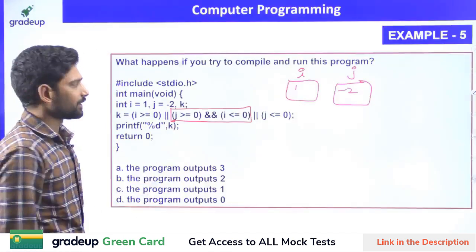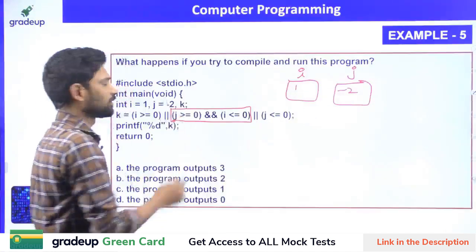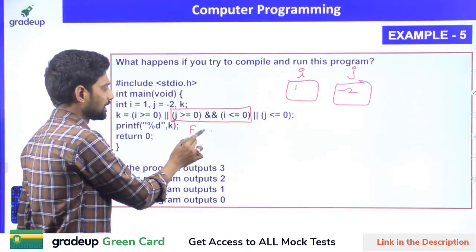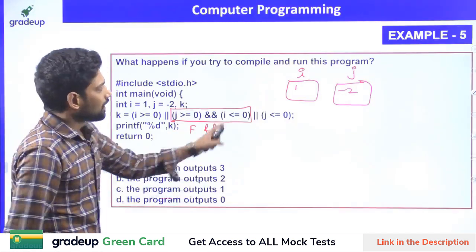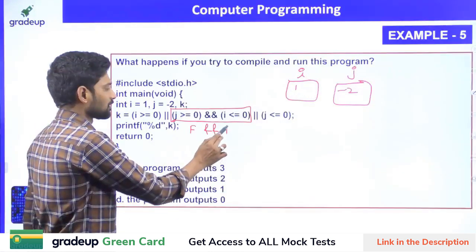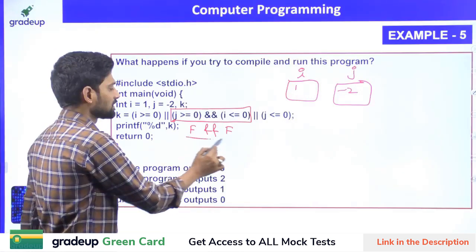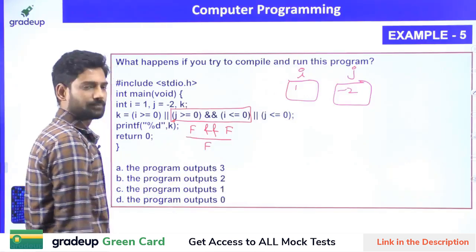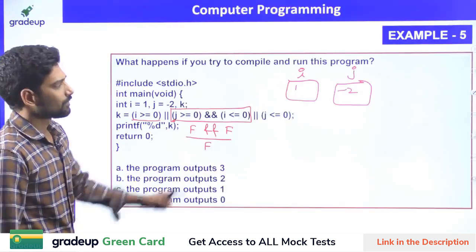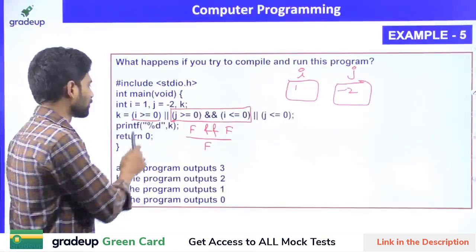So j greater than or equal to 0, minus 2 greater than or equal to 0, false. And i less than or equal to 0, 1 less than or equal to 0, also false. False and false is false. Now i greater than or equal to 0, 1 greater than or equal to 0, true.